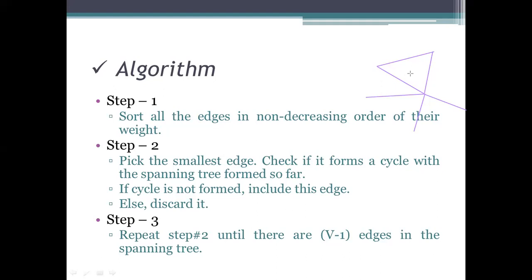If it is not forming any cycle, we include that edge, that is, add that edge to the spanning tree. If not, we need to discard it. No need to add that edge to the spanning tree.